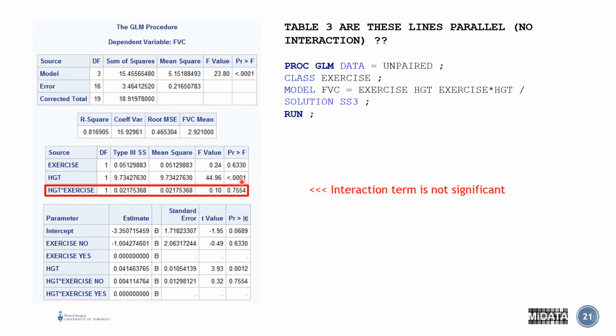That is an interesting thing to note immediately, because it should indicate to you that the relationship between FEC and height does not differ whether you exercise or you don't. So that means the lines that we just saw in the previous slide are parallel. Or, if you wish, the difference in parallelism between the two lines is not significant. How about that? That's what this not being significant indicates.